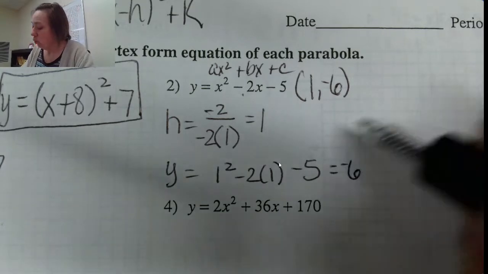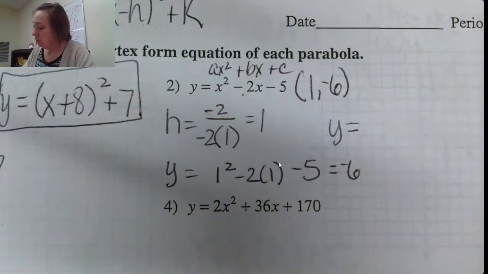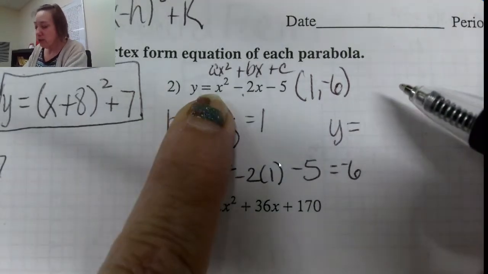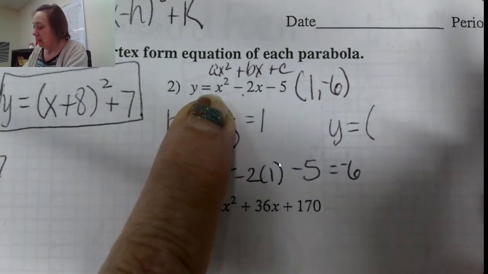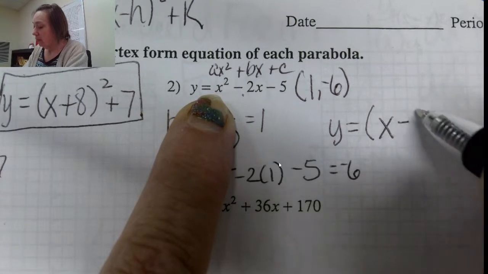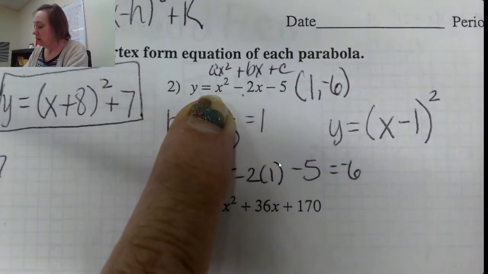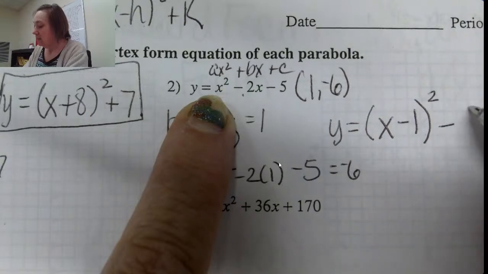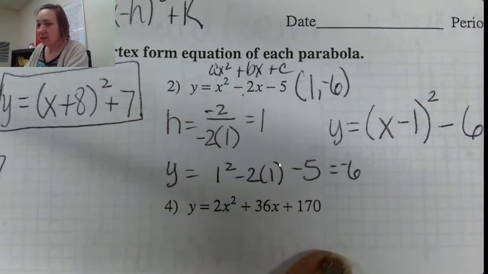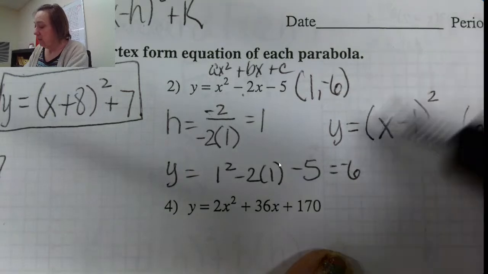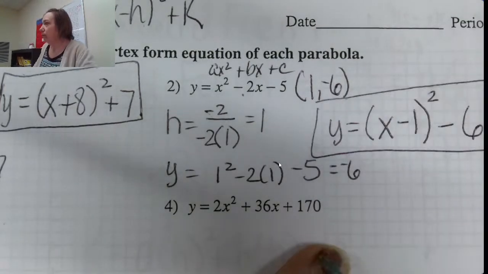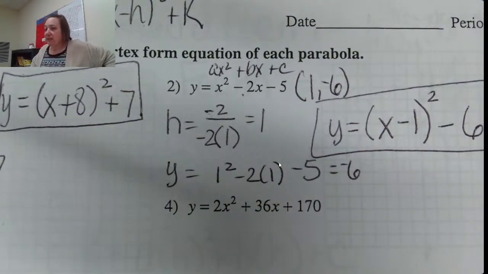So we're going to have y equals, our a again was 1, so we don't have anything, (x minus 1) squared minus 6. Why is it minus 6? Because it's a negative, and that's vertex form. Make sense? Okay.